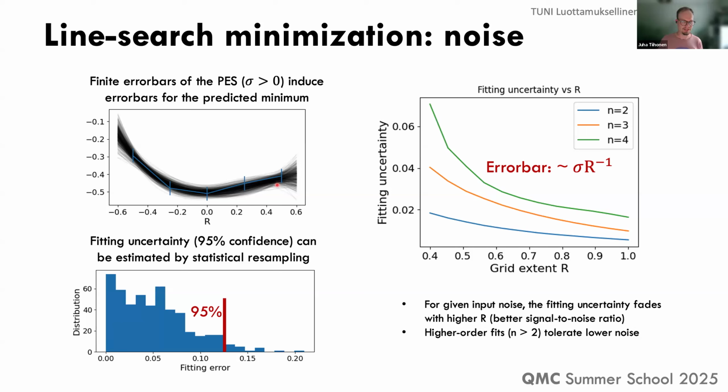And so you can imagine that estimating the minimum also has a distribution of different values, and this distribution, or its deviation from the true minimum, can be made into, let's say, a histogram, where we define that the value of fitting deviation that contains, let's say, 95% of all the results is our estimate of the uncertainty.